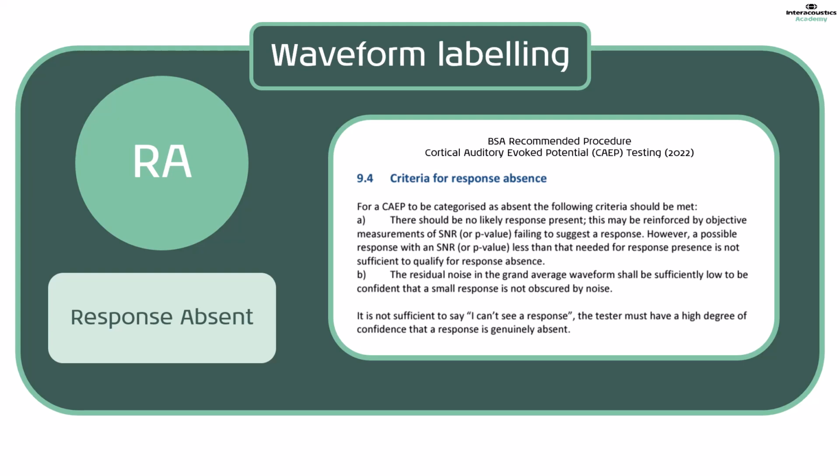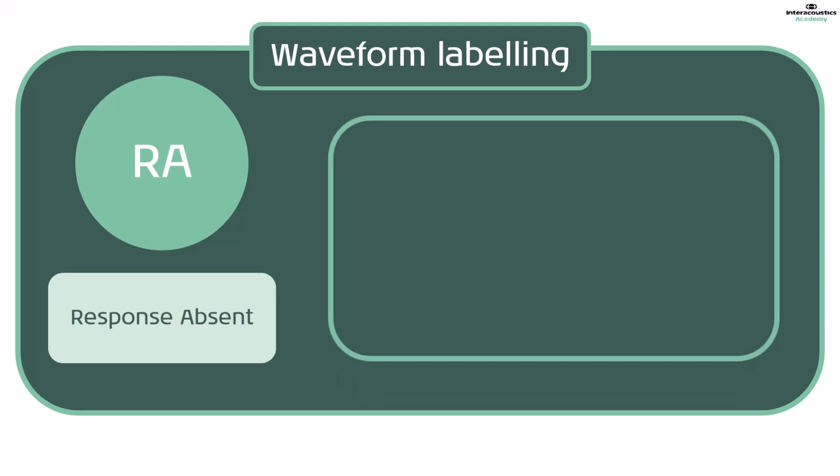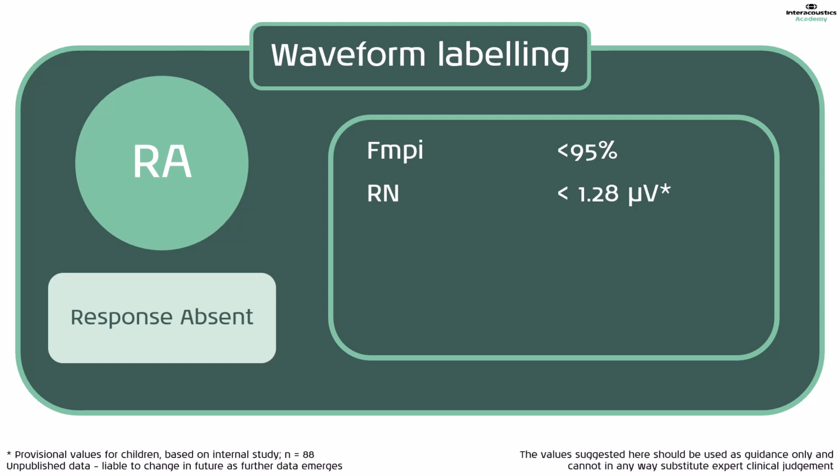This article also emphasizes the importance of having confidence that a response is genuinely absent, rather than simply not identifiable. To categorize a waveform as a response absent, the FMPI value should be below 95%, and the residual noise value should be sufficiently low for the patient demographic being tested.